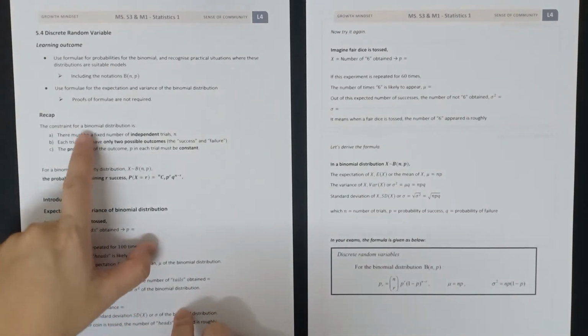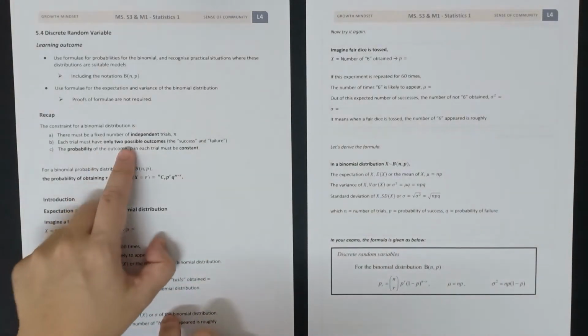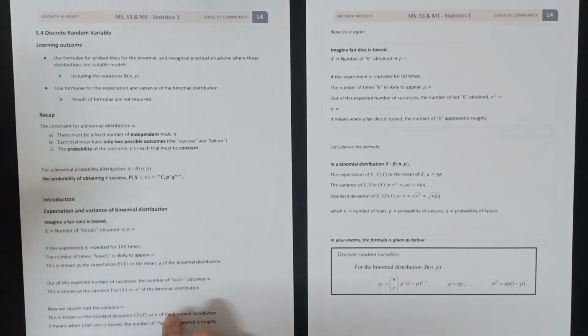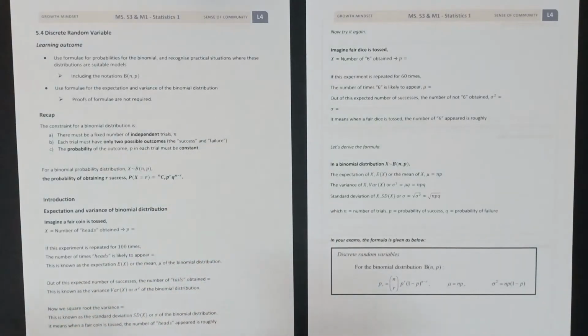Then, for a binomial distribution, you must make sure the trials are all independent, each trial has only 2 possible outcomes, and for every trial the probability is a constant. With all these constraints satisfied, only then can you fit a binomial distribution to that situation.